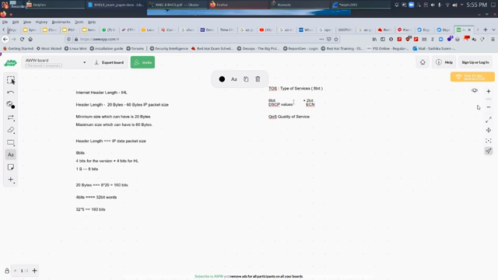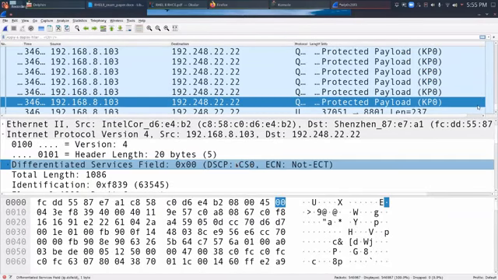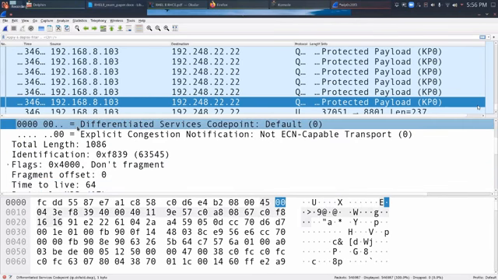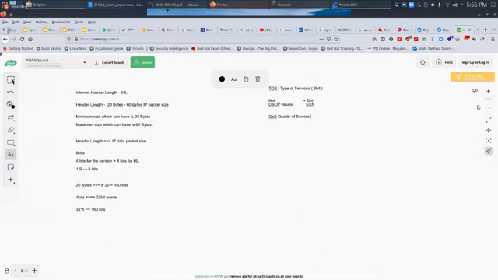So there are two types of services that we will be looking at in here. In most cases, these are zero values. If you look here, the differentiated services and the ECN, even though we say 8 bits, you can see they are all zero. DSCP stands for differentiated service code point. This is exactly what DSCP is named for. Differentiated service code point.